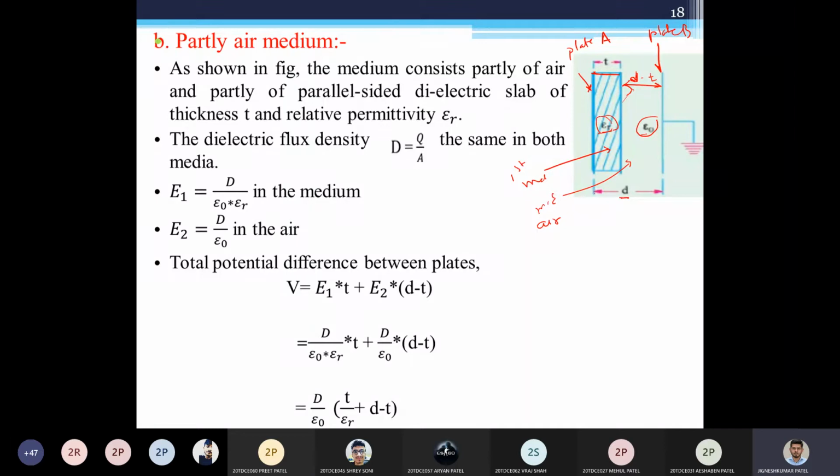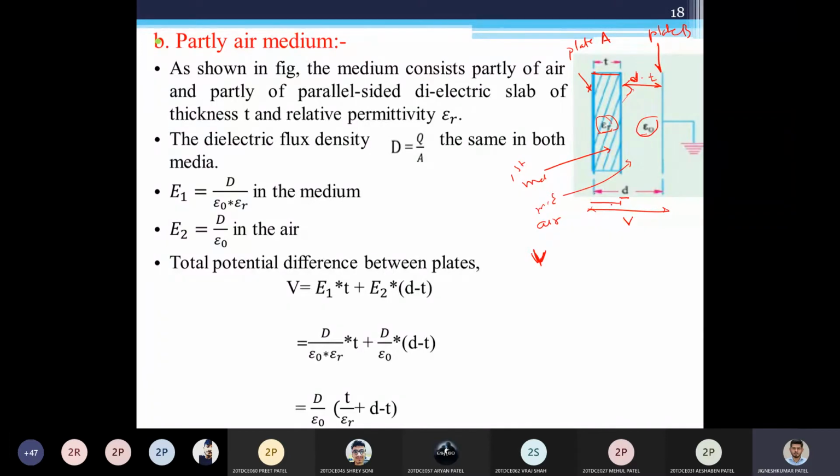Whenever you have been given an example of capacitance, we'll always start with voltage V. So let us assume V potential is applied across this capacitor.